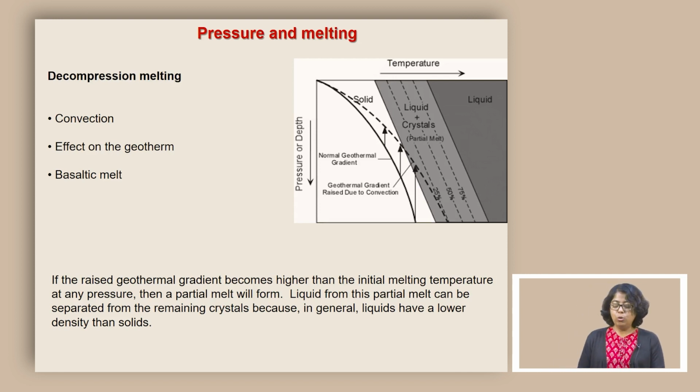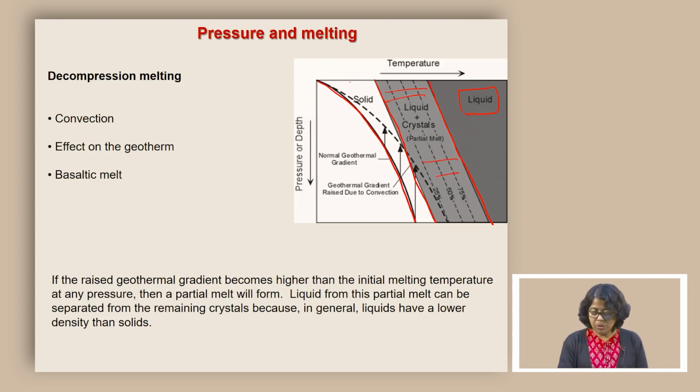So, again let us look at the normal geothermal gradient, which looks like this, and then we have our liquidus line beyond which everything is liquid, and we have our solidus line before which everything is solid, and this is the portion where we see partial melting. Now, the geothermal gradient works in such a way that if pressure drops, it has a tendency of getting elevated.